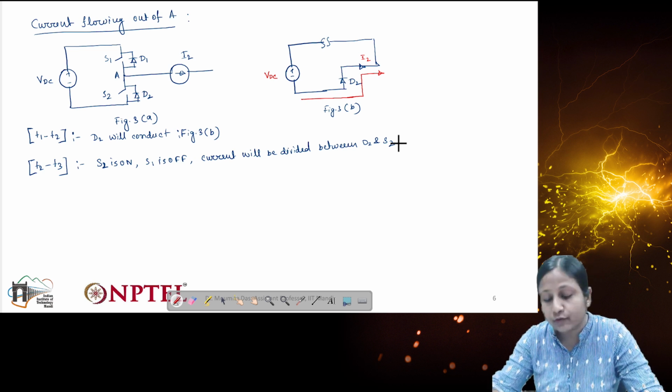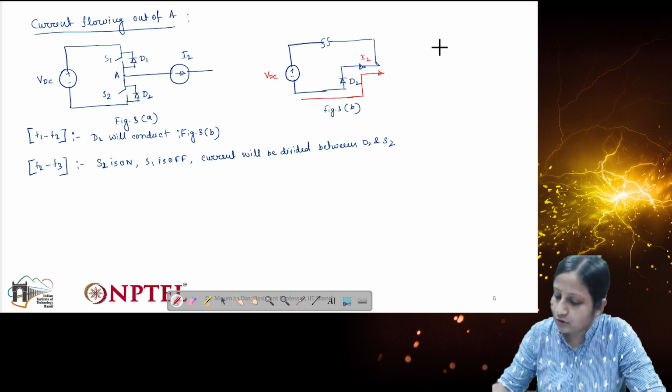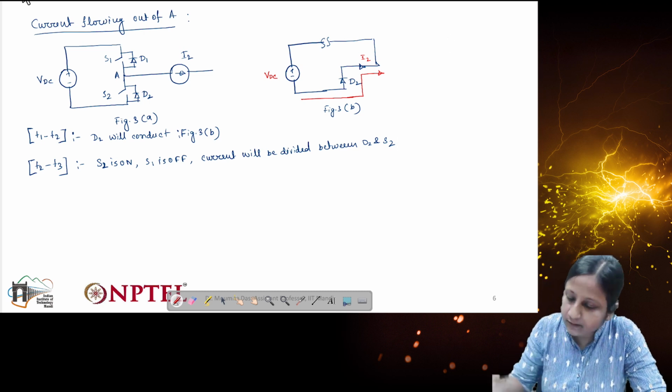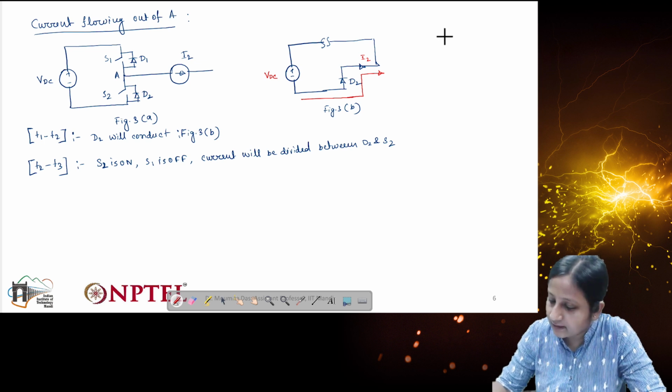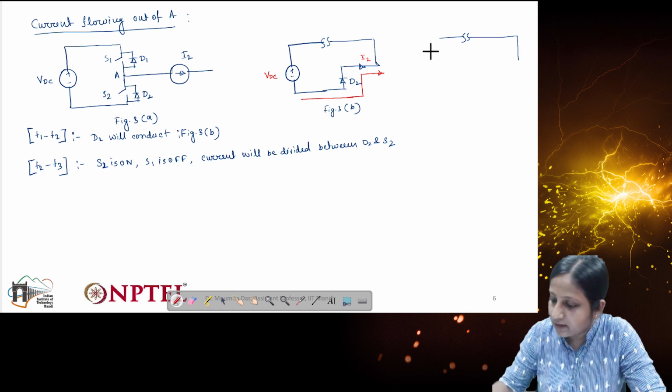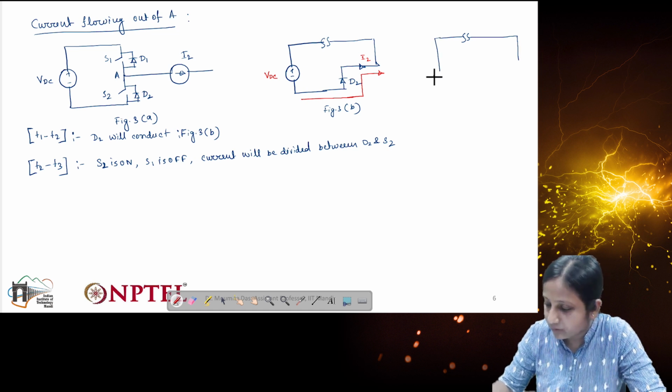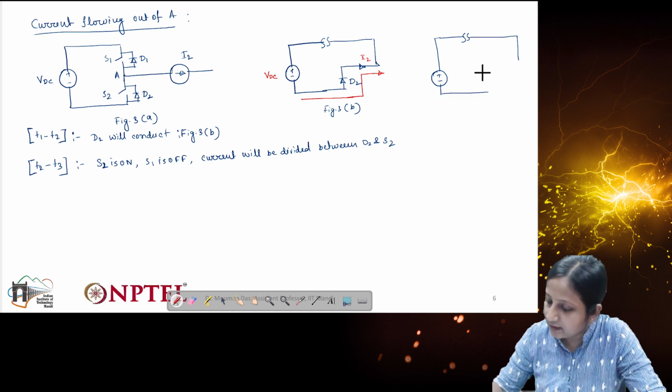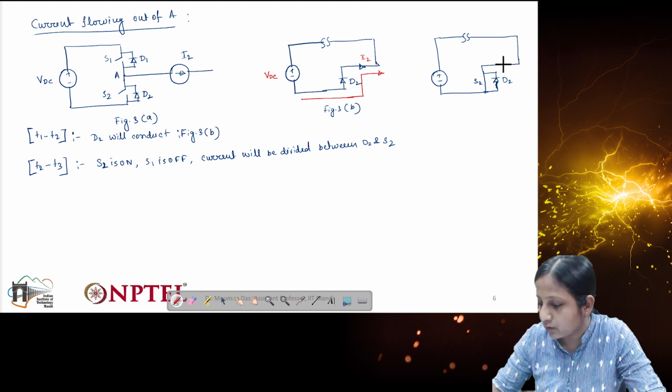Otherwise, it will only flow through diode D2. So the current flow will have the same path as I showed in the previous case, plus minus, and here this current will be divided between the switch S2 and the diode D2, and this current will be going out of A.